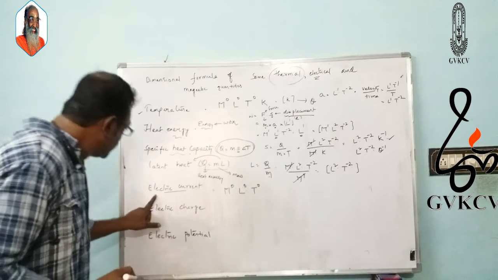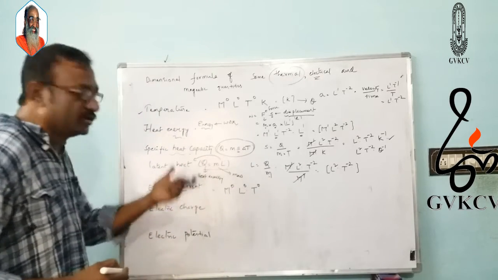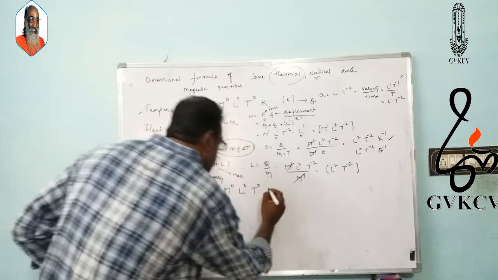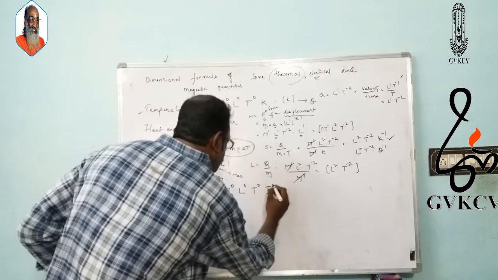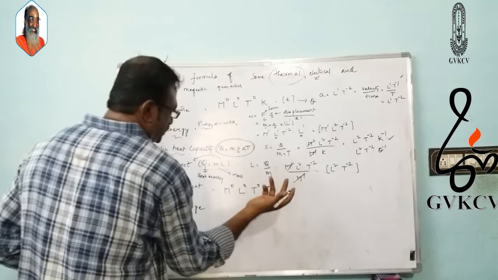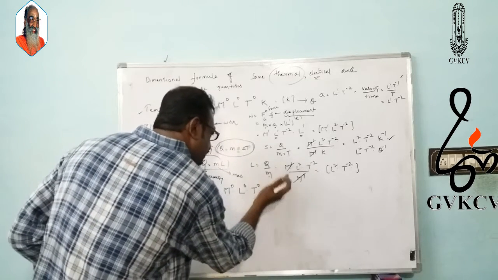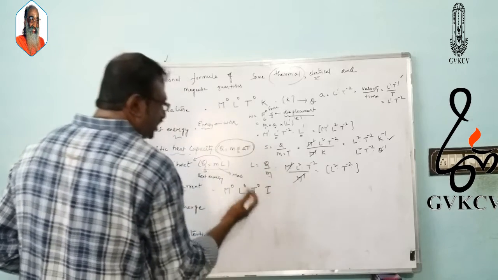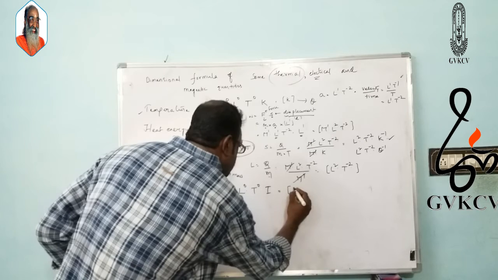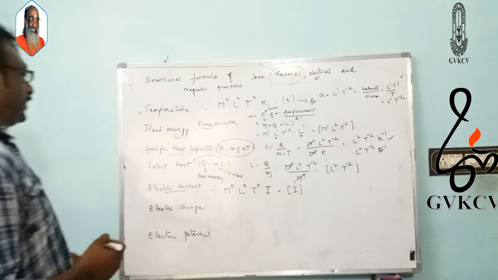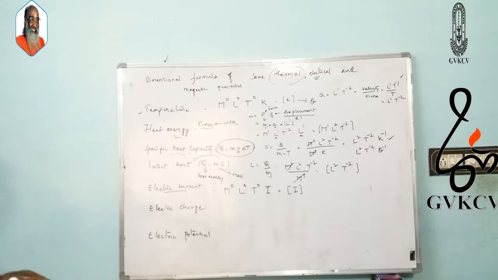And we represent electric current using its symbol itself, A or I. So I to the power of 1, or if you don't write the power, it means power 1 is there. You can write it like this, or simply write I. So that is electric current.